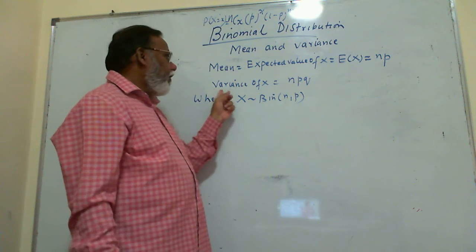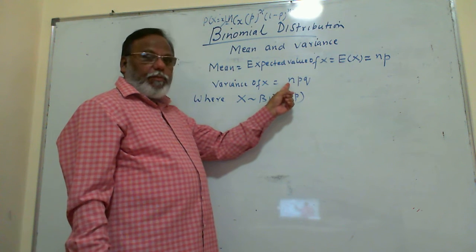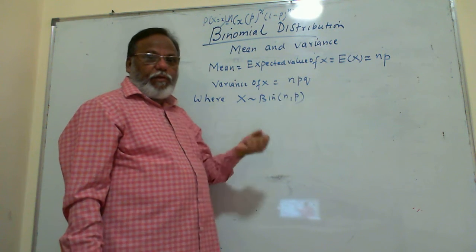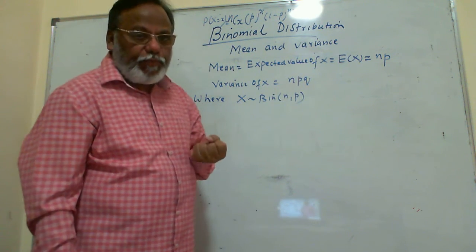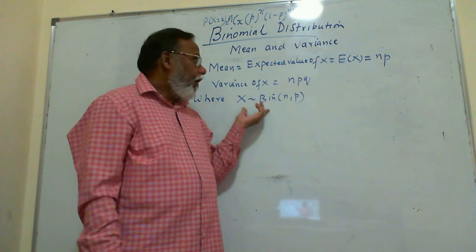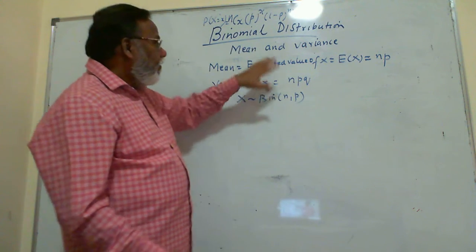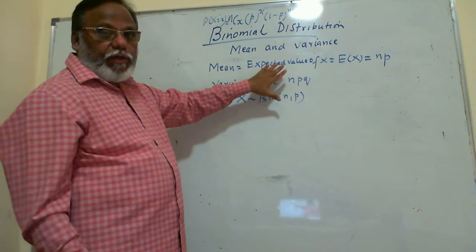Similarly, for finding the variance of x, it's a simple formula: multiply n with p with q, and this will give you the variance of this distribution.